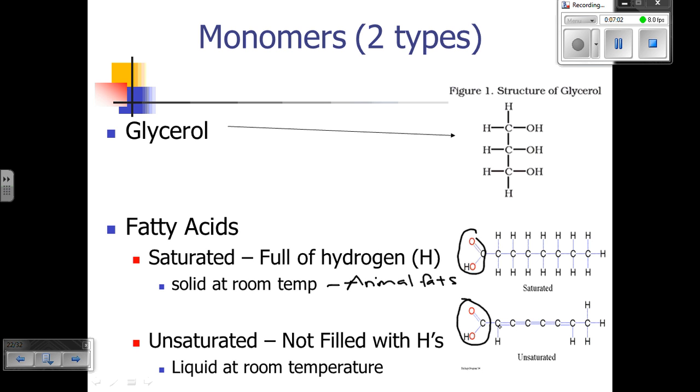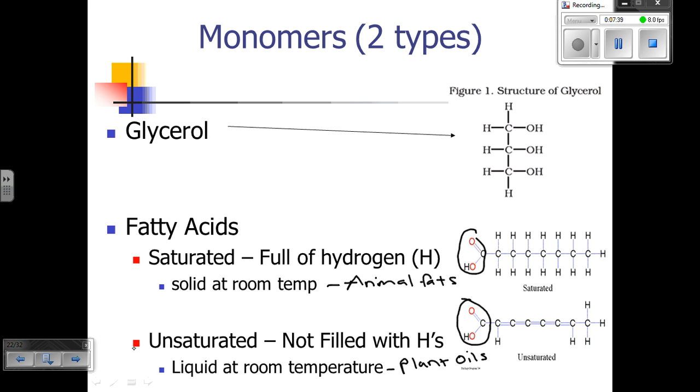What this causes is the fatty acids to kink or bend, which makes them a liquid at room temperature. And these are typically your plant oils. Or for those people who are good with nutrition, these are your polyunsaturated fats. But these are your 2 different types of monomers, a glycerol and fatty acids.